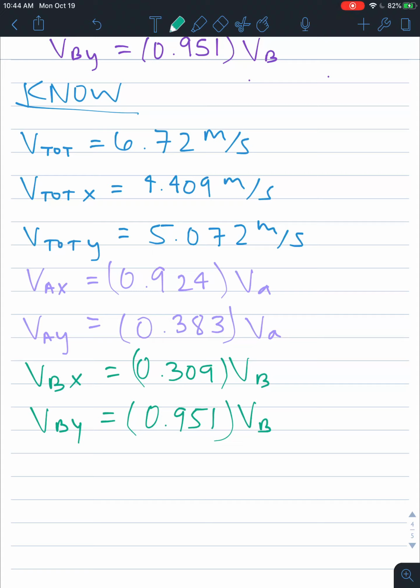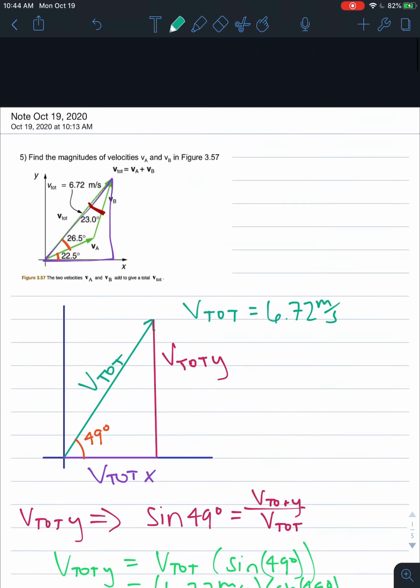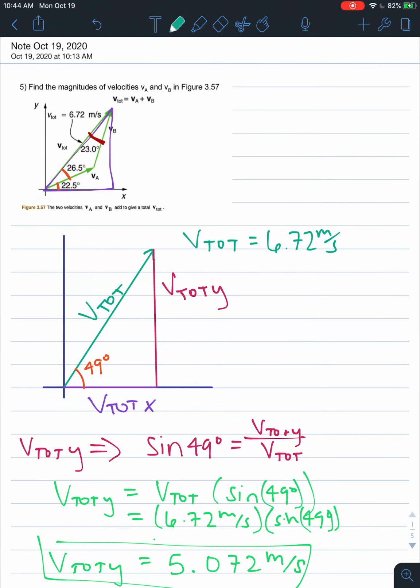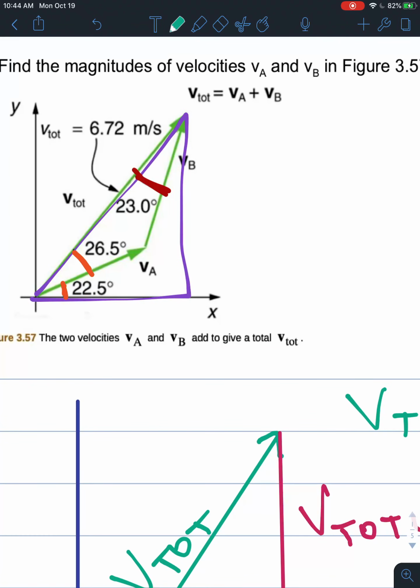While this might seem a little disjointed to have lots of different things defined in terms of variables, remember all the way back at the beginning, we drew out this triangle here. This is our triangle that we drew out. And then the triangles we worked with were this green triangle, which has VAX and VAY.